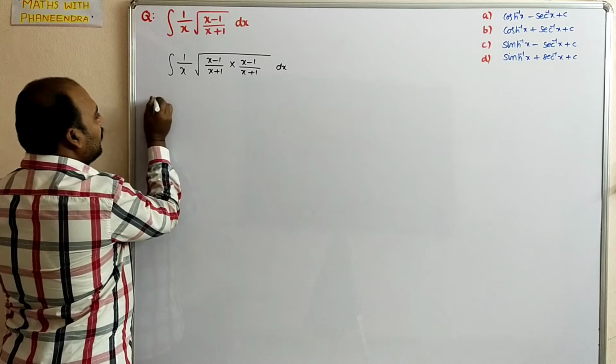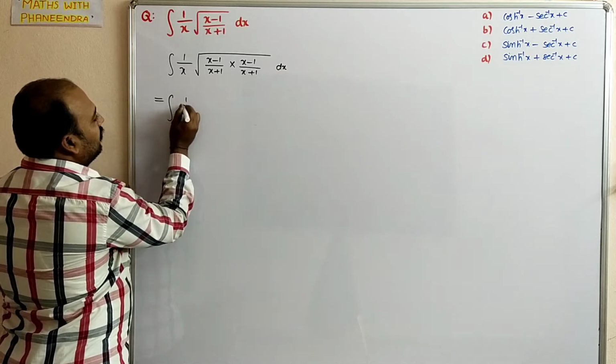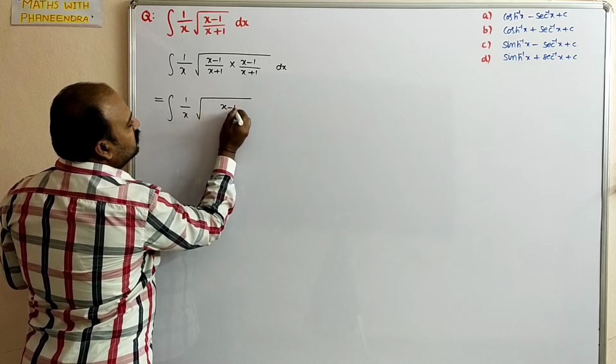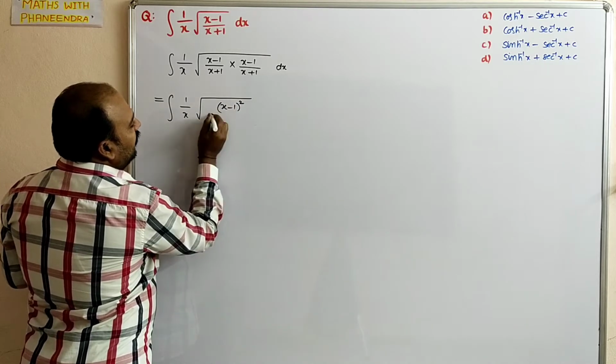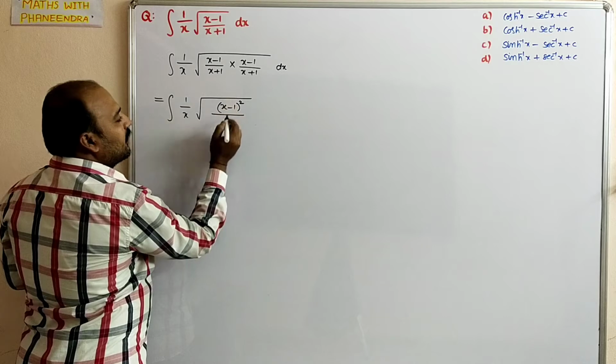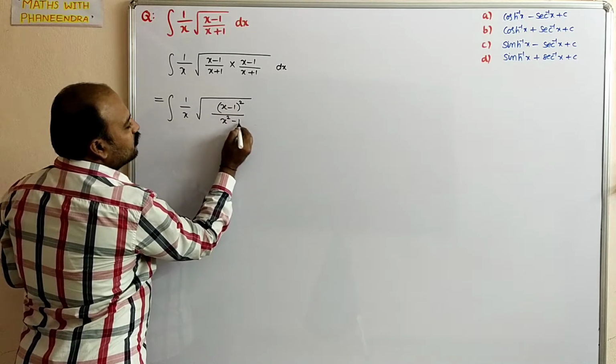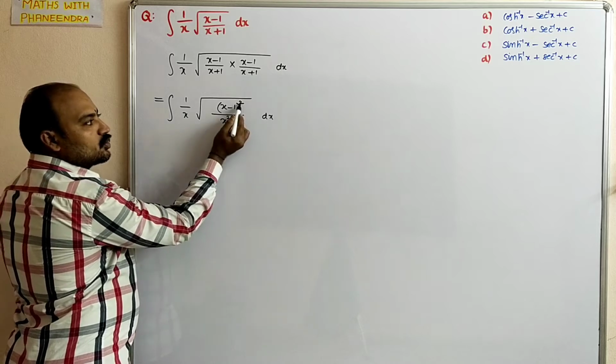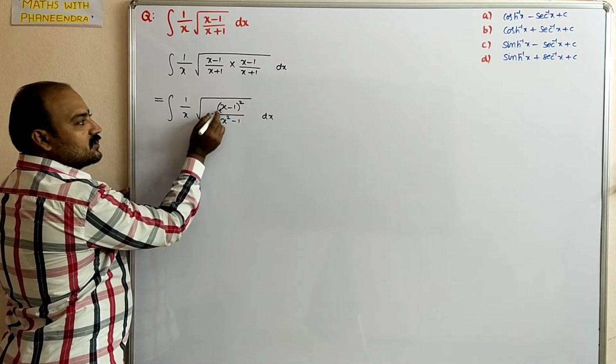After that it becomes integral 1 by x into square root of (x minus 1) whole square divided by (a plus b) into (a minus b), a square minus b square, into dx. In the numerator, square and root will be cancelled for this term.